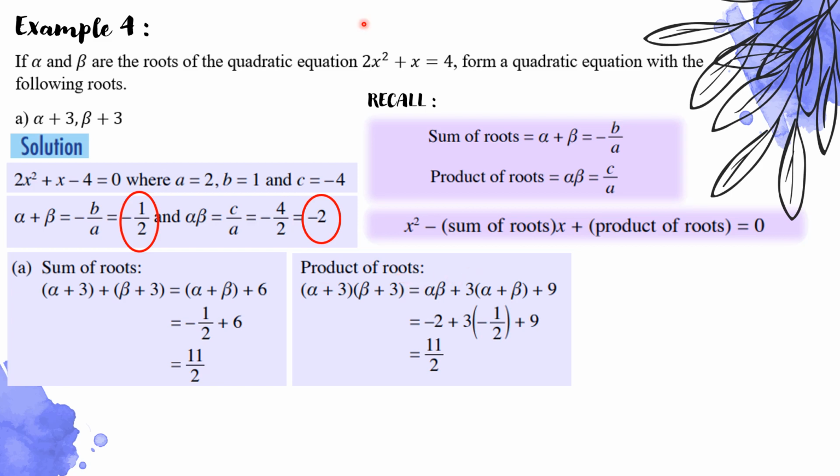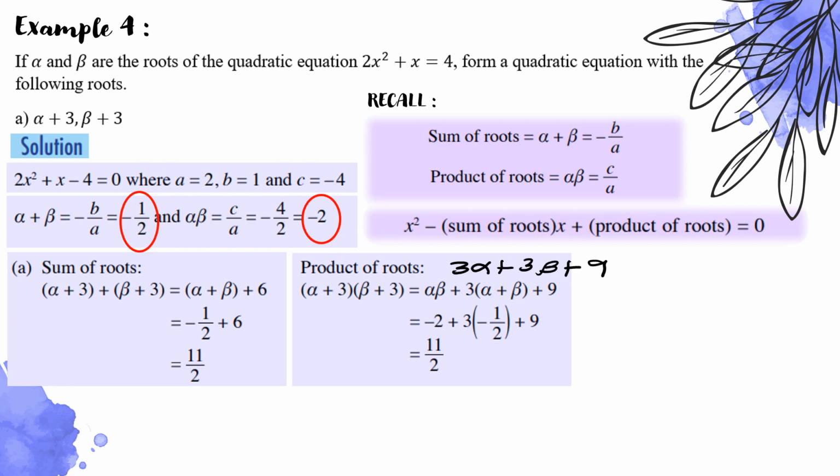So here you will get 3 alpha plus 3 beta plus 9. So this is alpha beta, plus 3 alpha plus 3 beta, factorize it, becomes 3 in bracket alpha plus beta, plus 9.